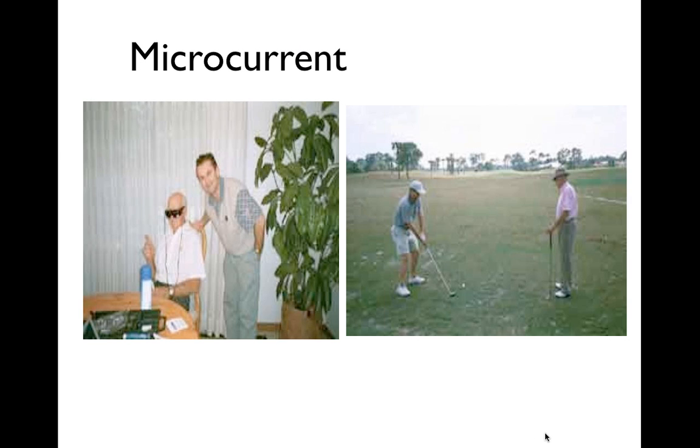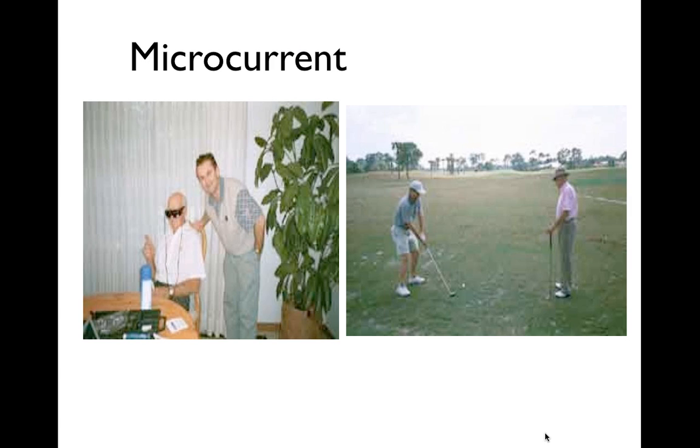Now, I became interested in microcurrent not 50 years ago, 15 years ago. I'm not that old. About 15 years ago, I heard about Sam Snead, the great golfing legend, who had a dramatic improvement of his macular degeneration with microcurrent.